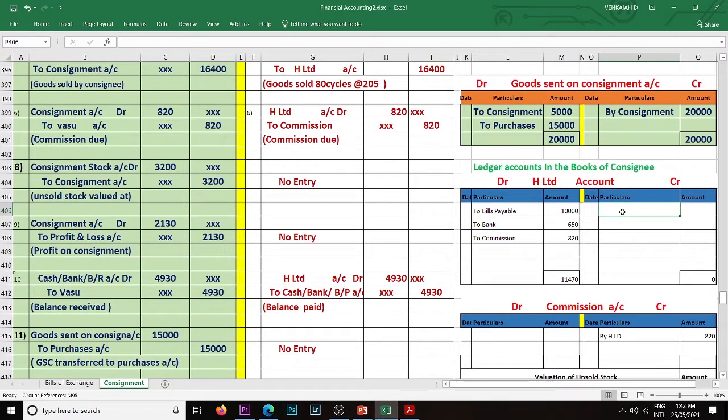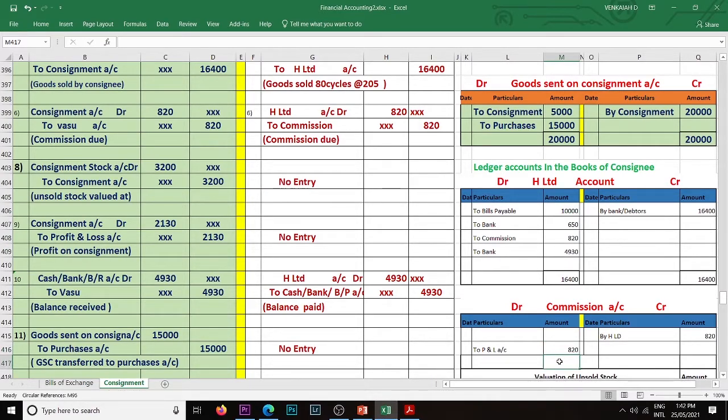Sales we have to write by bank, debtors. And here the last entry to bank account, 4,930. Same, tallied. Only commission we have to transfer to which account? To P&L. Amount is 820.